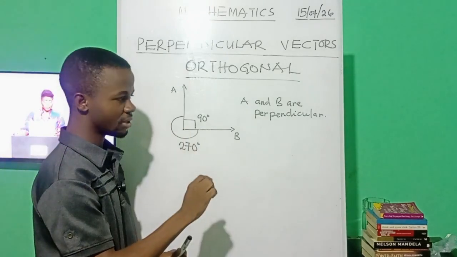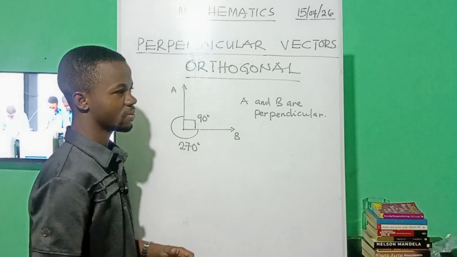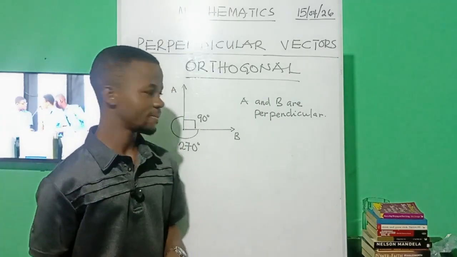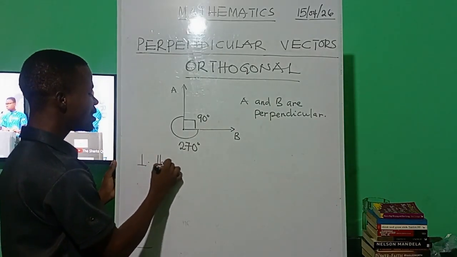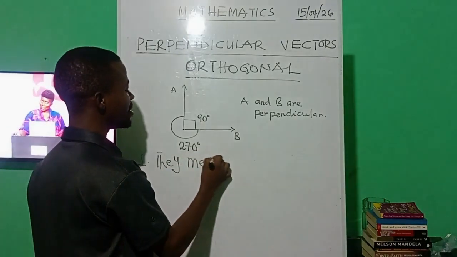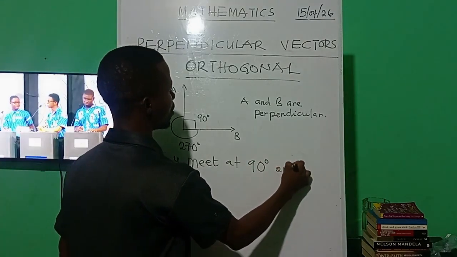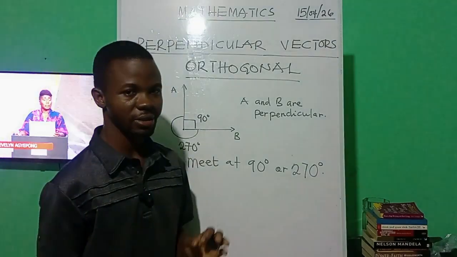Now, what are some of the properties of perpendicular vectors? The first thing is that they meet at 90 degrees or 270 degrees.